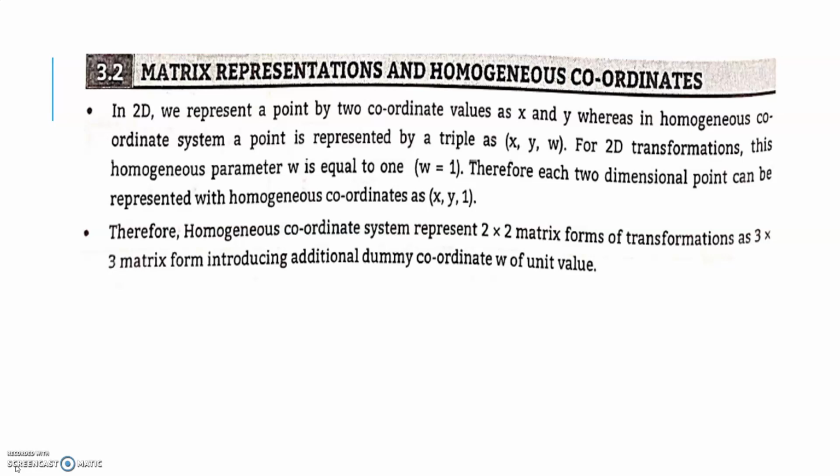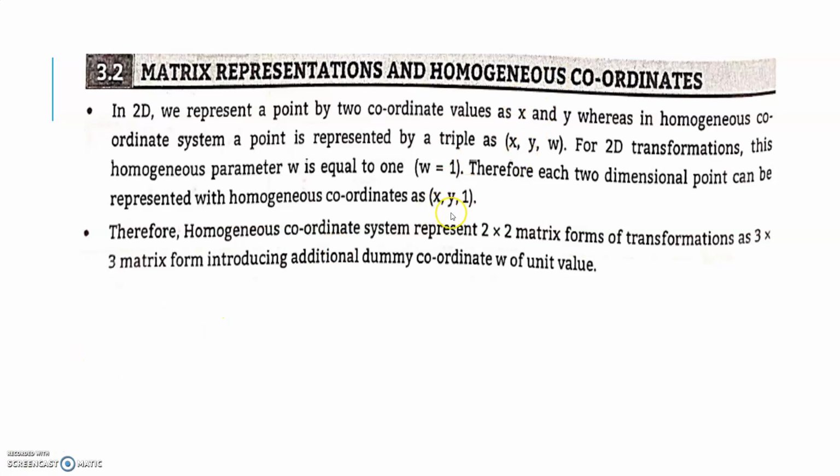In homogeneous coordinates, w is considered as an extra. For 2D transformations, this homogeneous parameter w is equal to 1. Therefore, each two-dimensional point can be represented with homogeneous coordinates as x, y, 1.